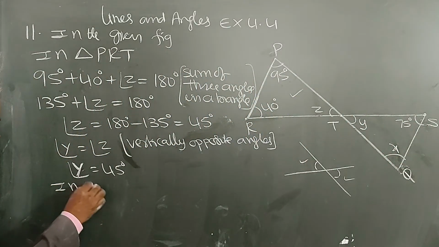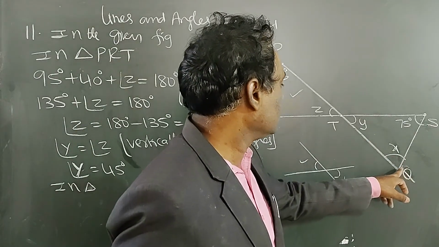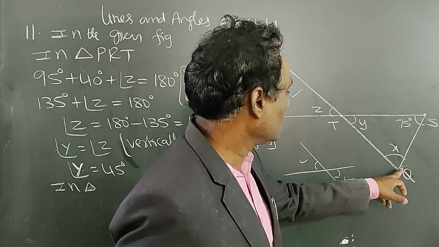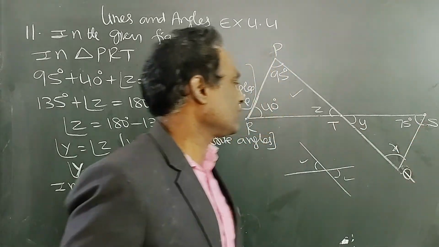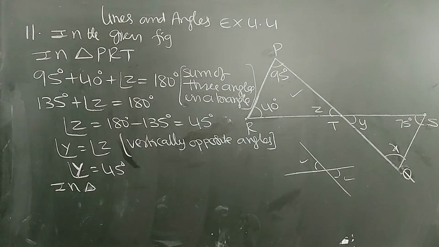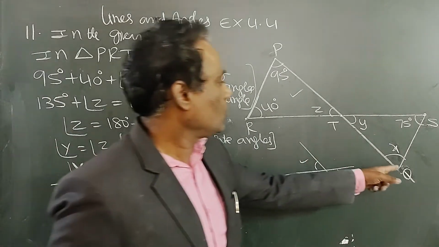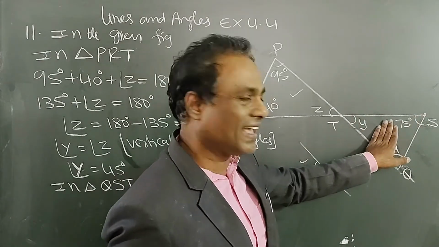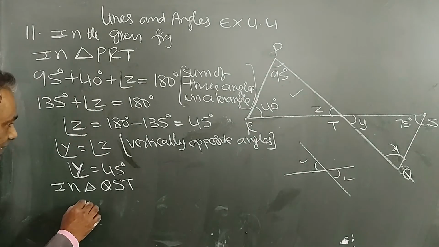What is the name of this triangle? QTS or QST. QST triangle. This triangle, sum of three angles is 180 degrees.